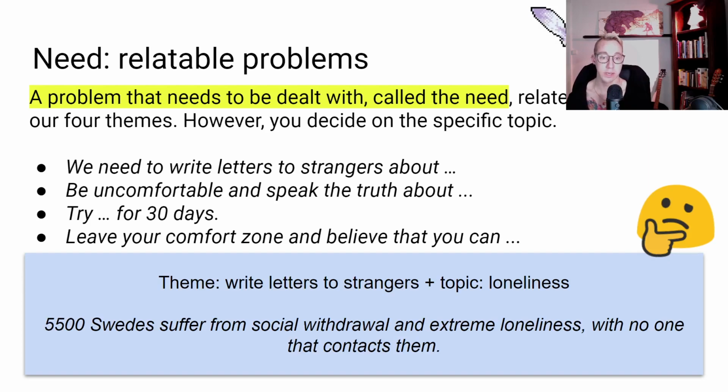Here we can see that there is a need. A lot of people are having a very rough time indeed, and no one is contacting them. So this is where your letter writing comes into play. We can see here a combination of those two parts, and this can be essentially anything, truly. It's up to you to be creative here, but the themes are set.